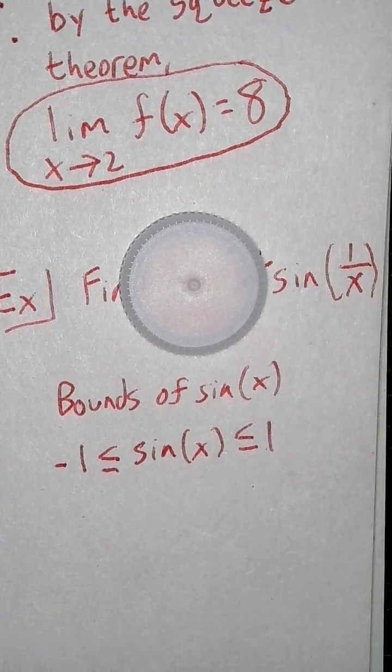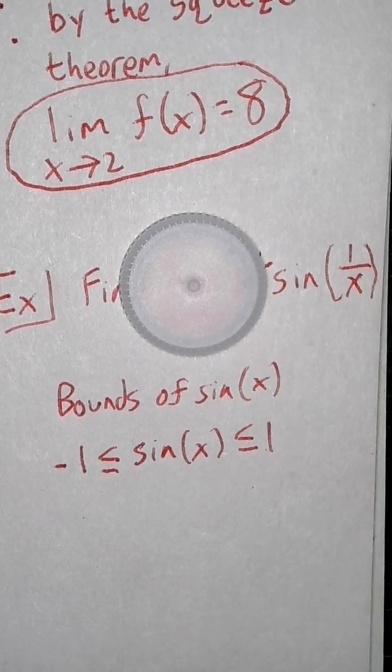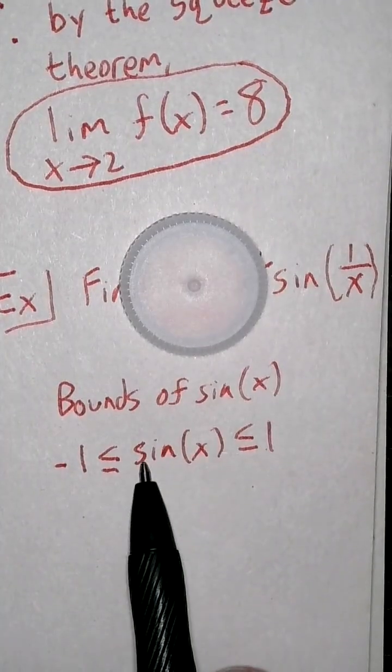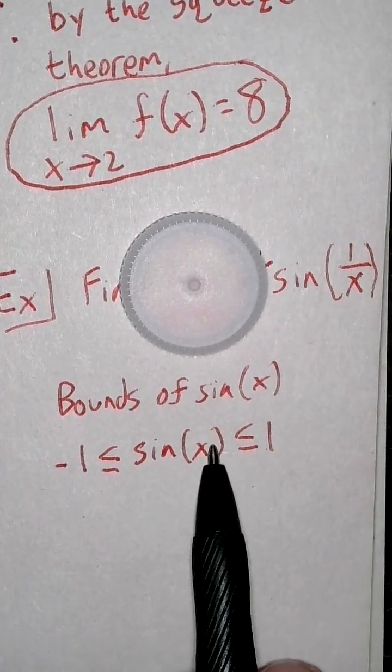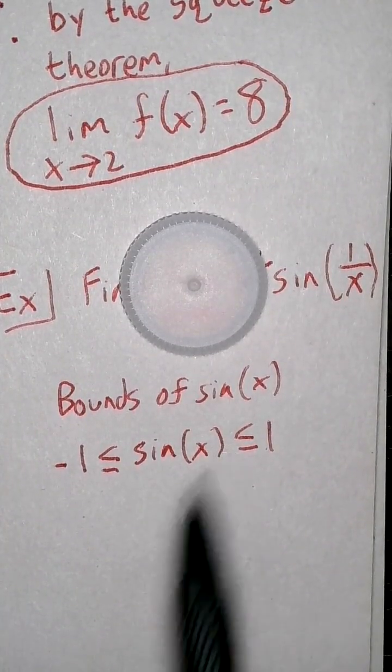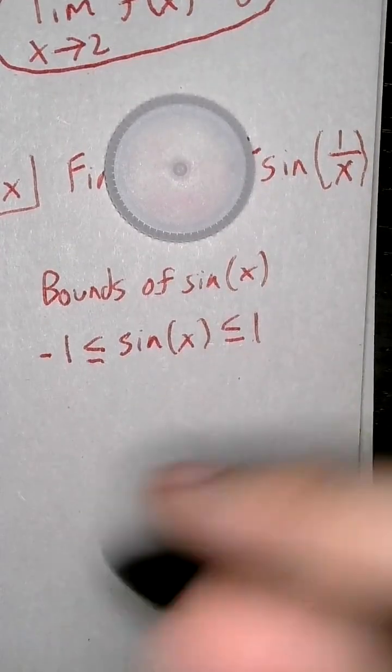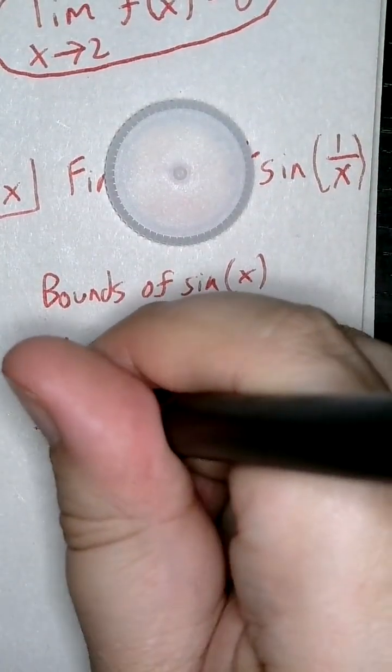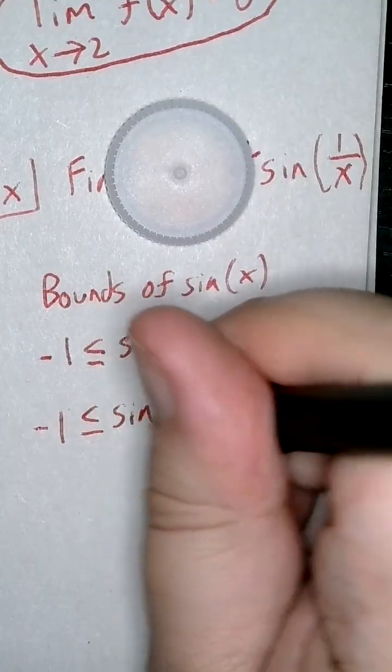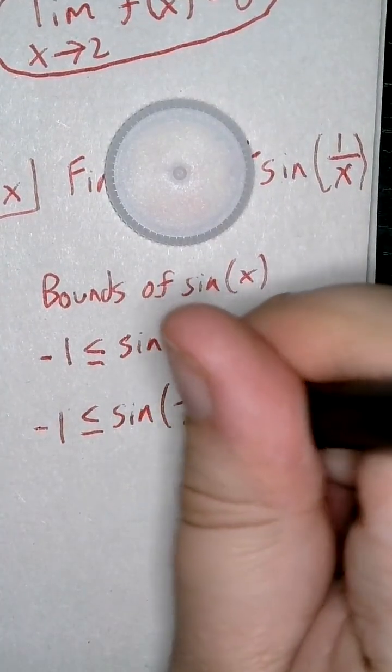And I'll be honest with you, that's not the first mistake I've made, and it's not going to be the last. So it turns out that sine of whatever's inside my parentheses is also going to follow these bounds. So I can say that sine of 1 over x is also going to be bounded in that.